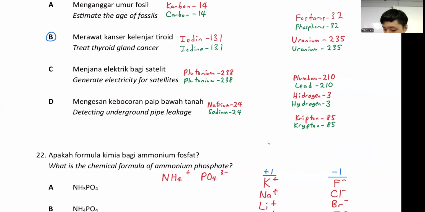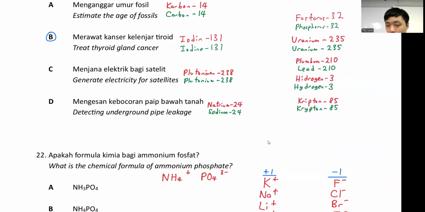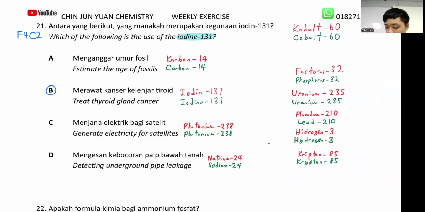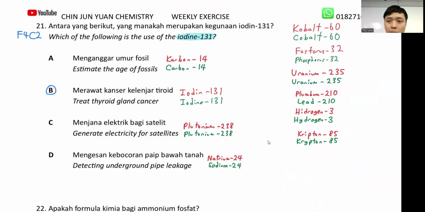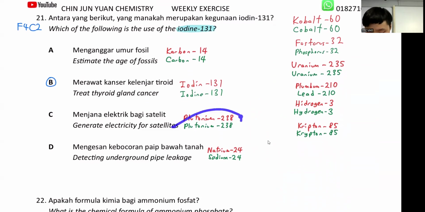Other uses, you can find yourself. Go through your notes or whatever material, or even your best friend now, ChatGPT. If your textbook doesn't have it, sometimes these two don't have in the textbook, so you can find yourself.